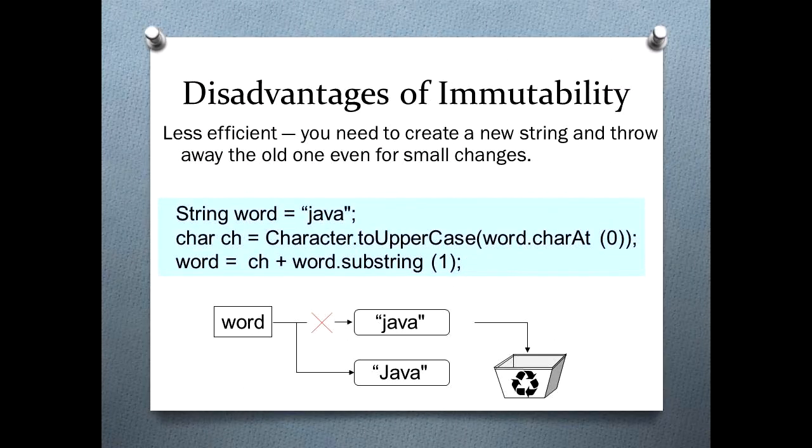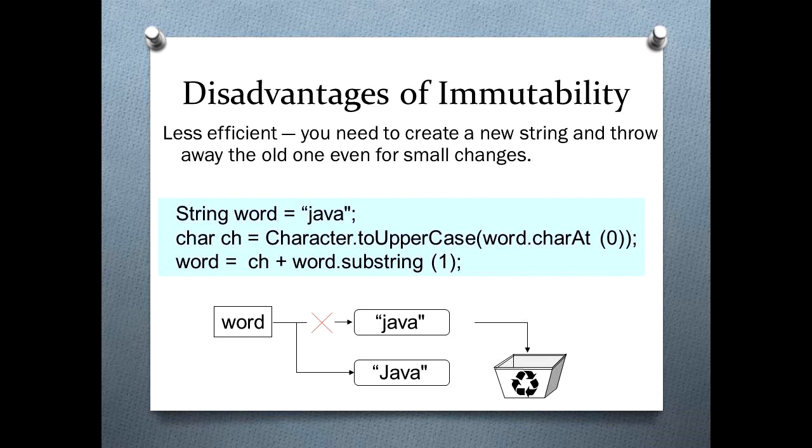Disadvantages of immutability. It is less efficient. You need to create a new string and throw away the old one even for small changes. Let us take an example. In this slide, I have taken the example String word is equal to Java. So the word is nothing but Java. Now char ch. What am I going to do with this?